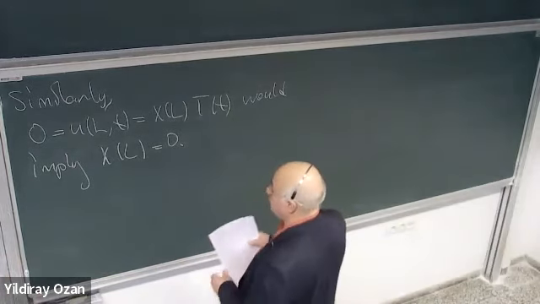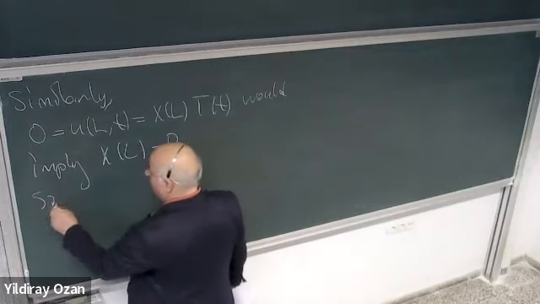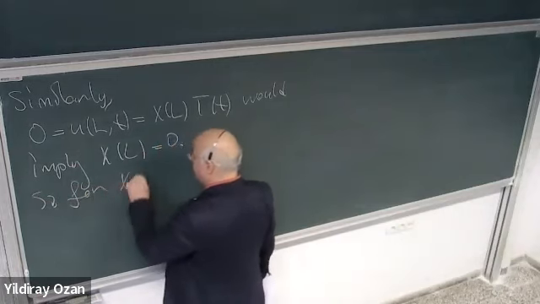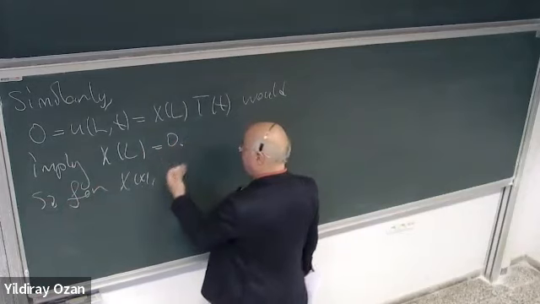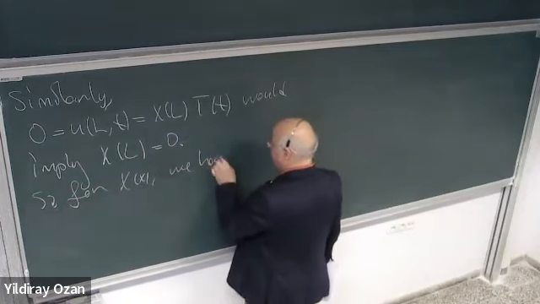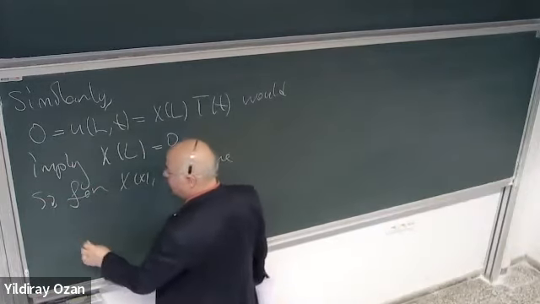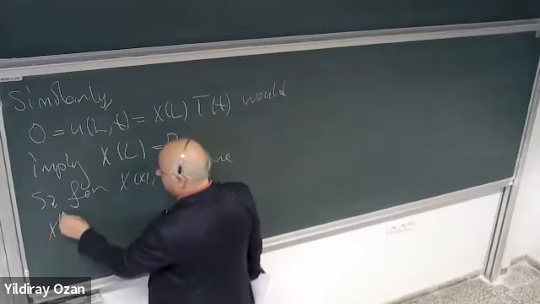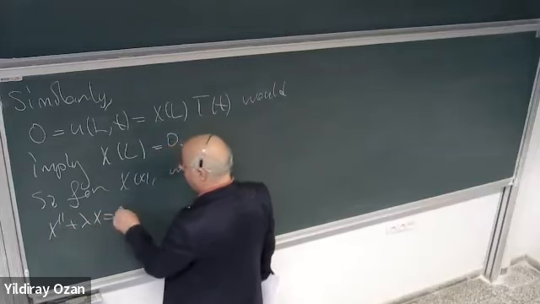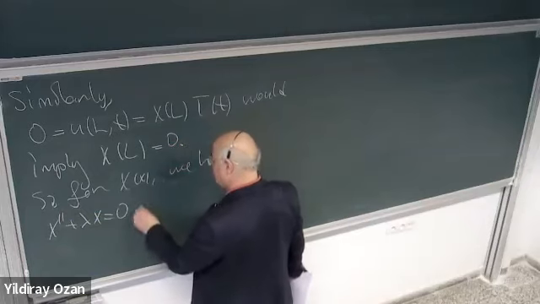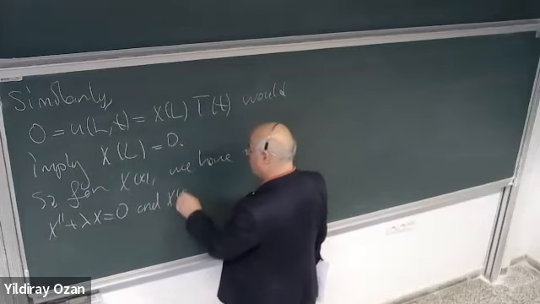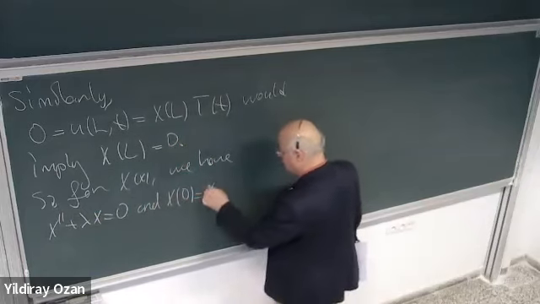Now then, for x of x we have what? We have the following. We have this ordinary differential equation and two boundary conditions.